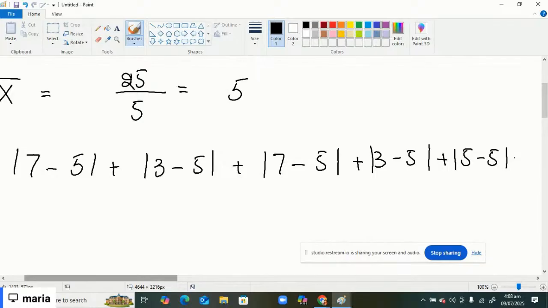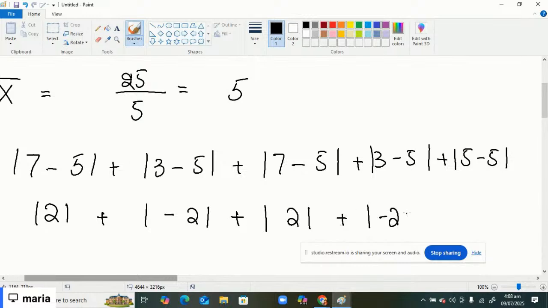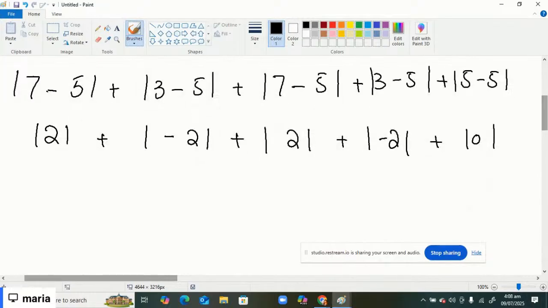Now 7 minus 5 is 2, taking absolute, plus this is minus 2. Now we take the absolute. This is 2. Now it's minus 2, taking the absolute, then 0. Now what is the meaning of absolute?